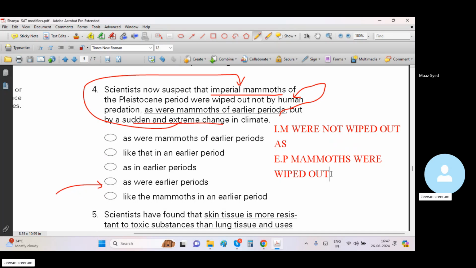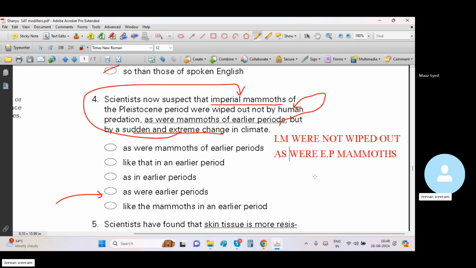So instead of repeating it, you can eliminate this. You need not repeat "wiped out" again. And "were" can be written in the middle of the sentence, just before "earlier period mammoths."